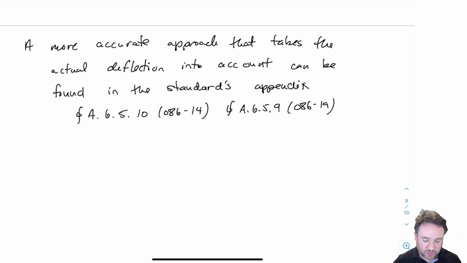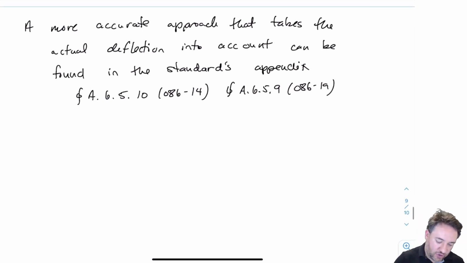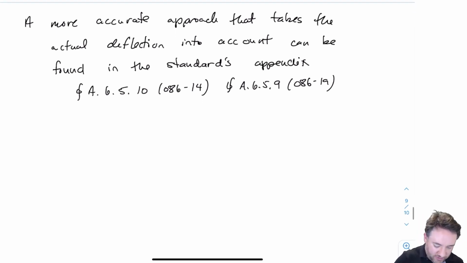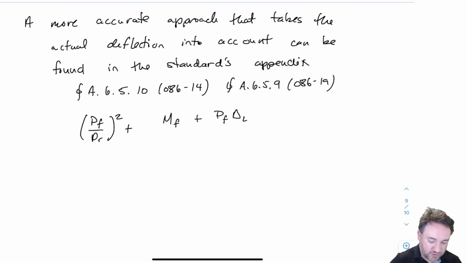And this is one of those things, because I have an alternate interaction equation for compression and bending that looks like this. The first term, PF over PR squared, remains the same, but the second term is a little bit different. Now you have MF plus PF times delta. So there's my P delta.